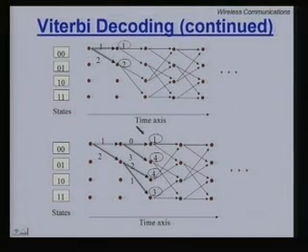So, let us look at the decoding algorithm. Suppose in the first step, the metric, in our case the Hamming distance between the received bit stream and the vector written on top of the branch.